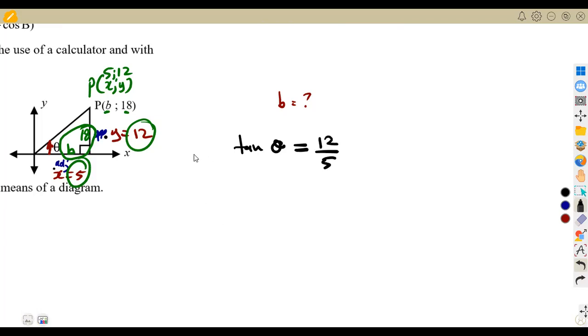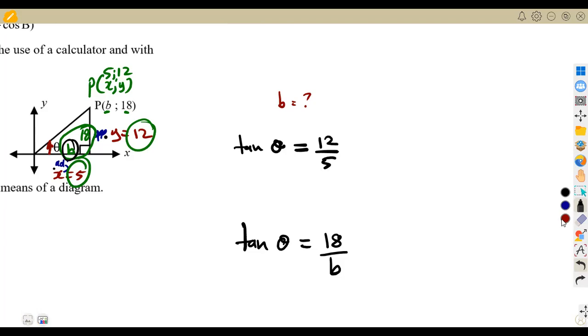So you are going to also find the tan of theta with the values that you are given now, because instead of 12 there, they are putting 18. So we want to find tan theta in terms of these values they gave us, that is B and 18. So the opposite is going to be 18, and the adjacent is going to be B in that case.